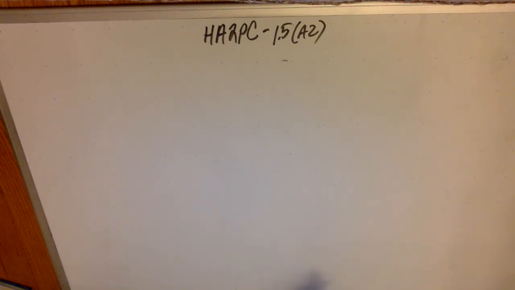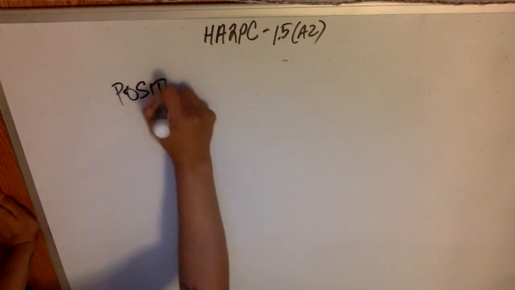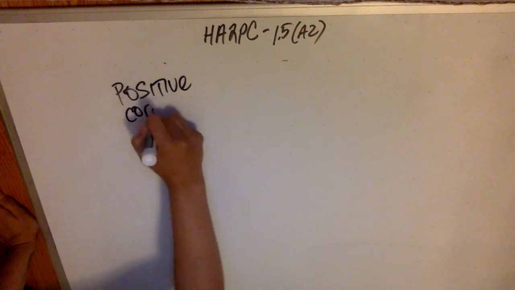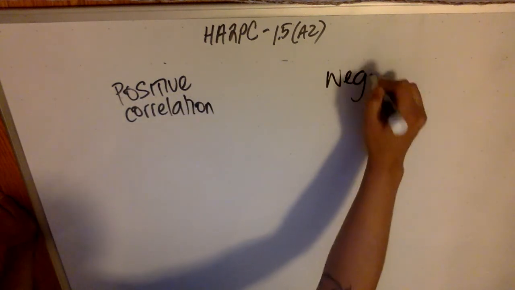Okay, so here's what correlation looks like. There are essentially 5 types of correlation, with one of them actually being none, like no correlation. So let's walk through this. You can have what's called a positive correlation, and you can have a negative correlation.